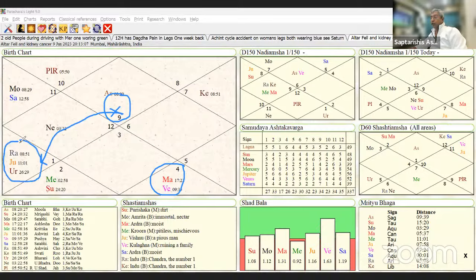So does this person have Purva Punya? No. There is a problem in rituals or the ritualistic place, because Rahu and Jupiter make Guru Chandala Yoga.